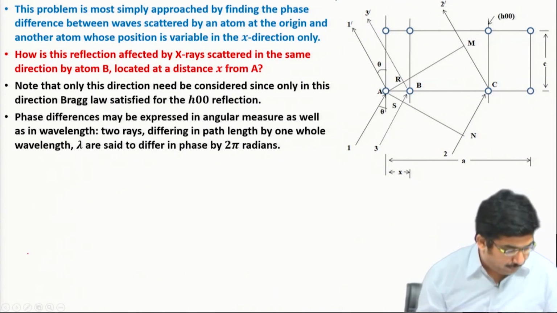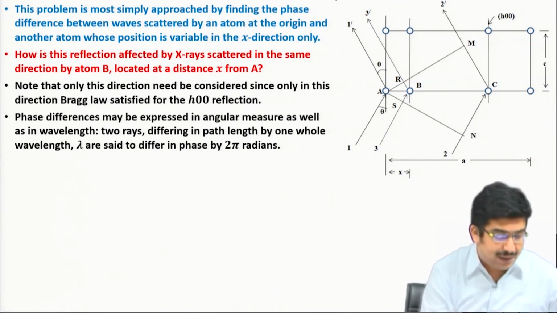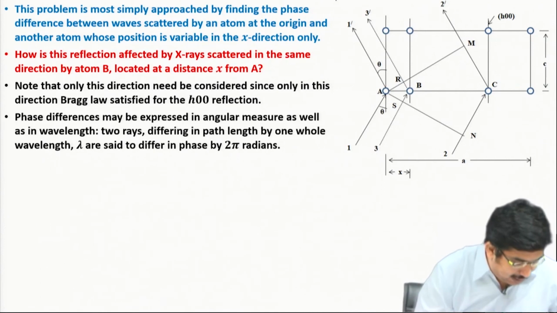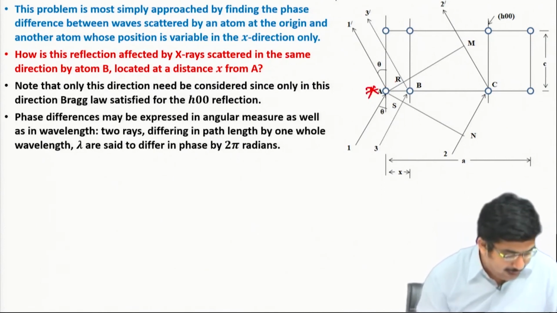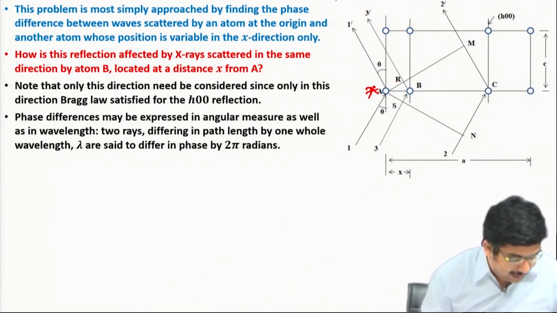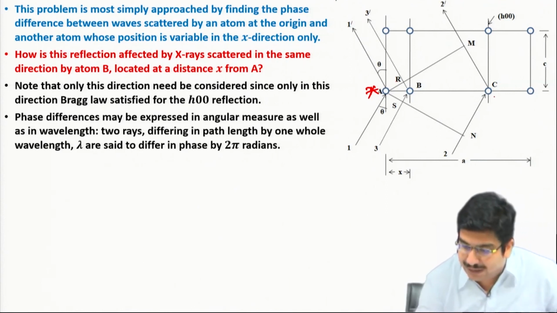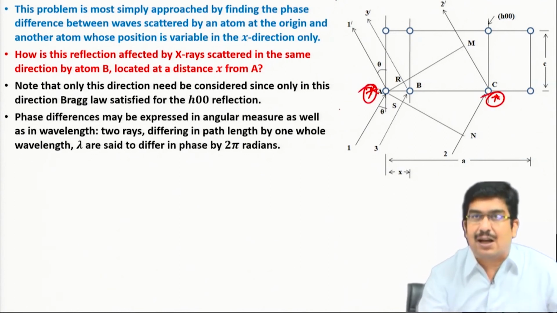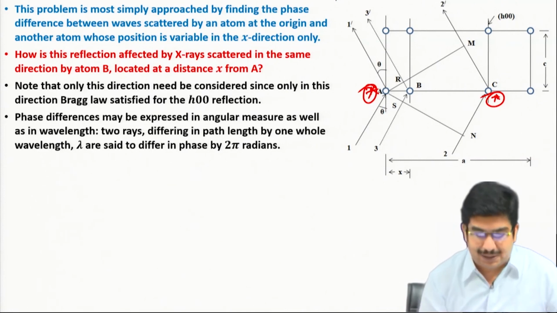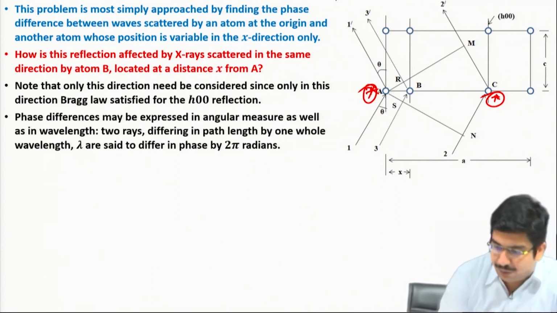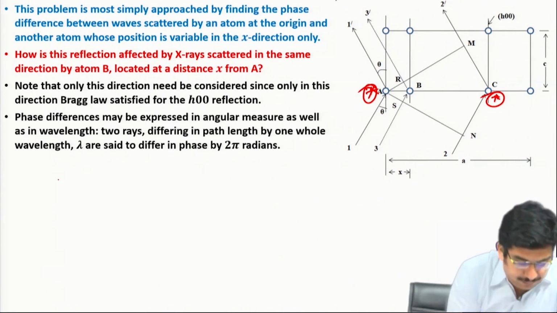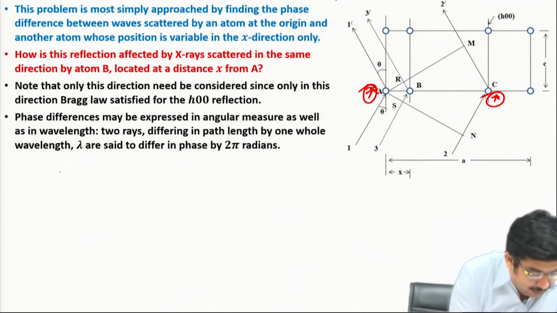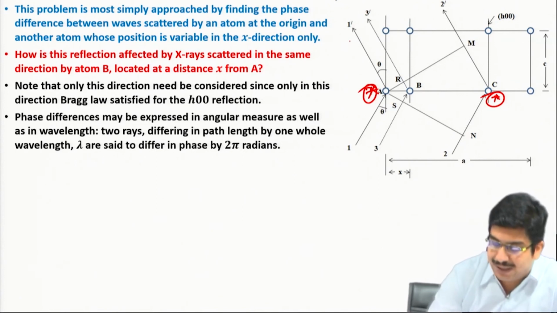Okay. So, what we can write is basically like this: we take this atom A here, and for another atom we take an atomic plane somewhere here. As you understand, both of them are from this H00 family of planes. So, from Bragg's law, from this geometric consideration, you already know, we can write the path difference between them. Let us imagine that Bragg's condition is satisfied for them.